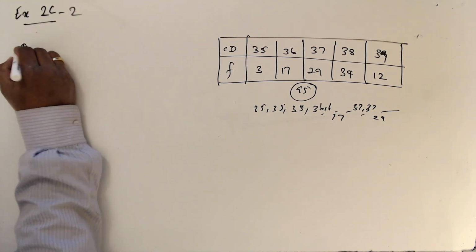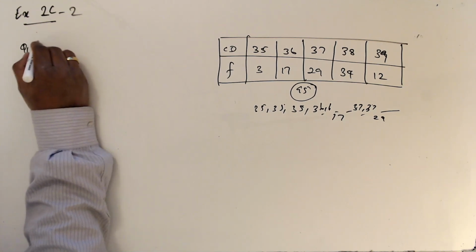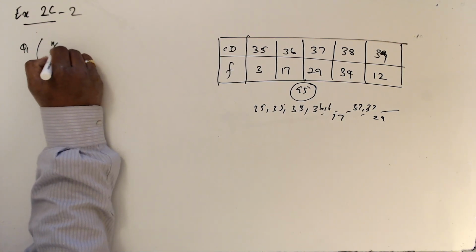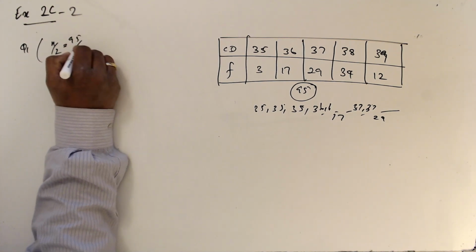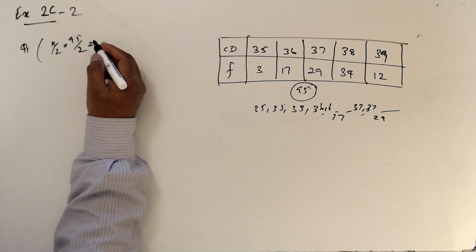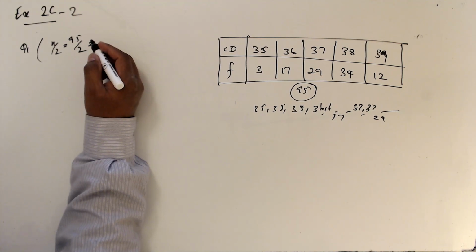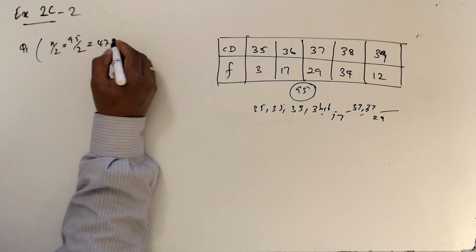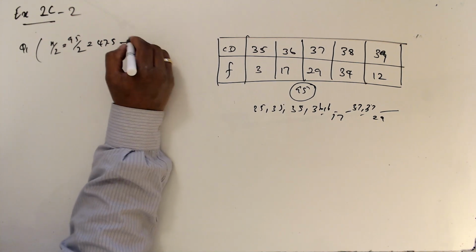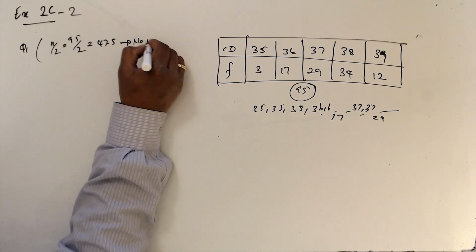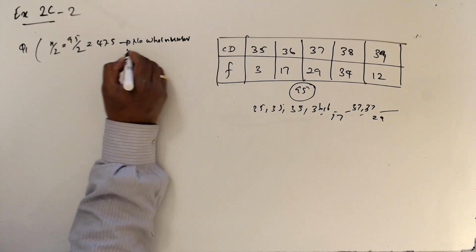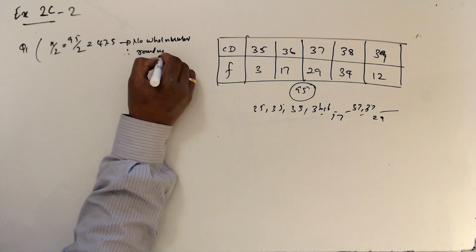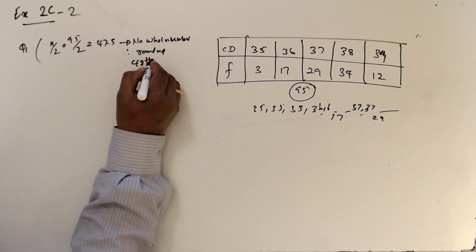So Q1, the first quartile, is n divided by 2, which is 95 divided by 2, that is 47.5. It is a non-whole number, hence round up, this is going to be 48.